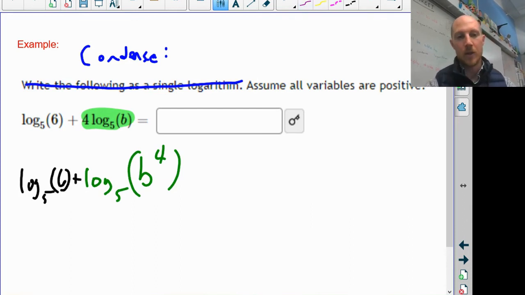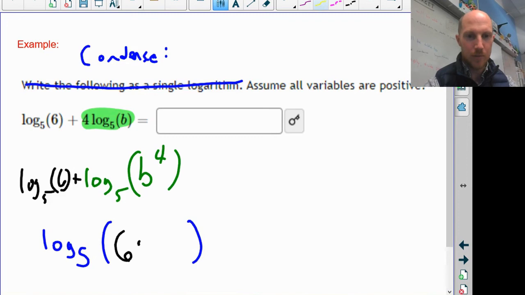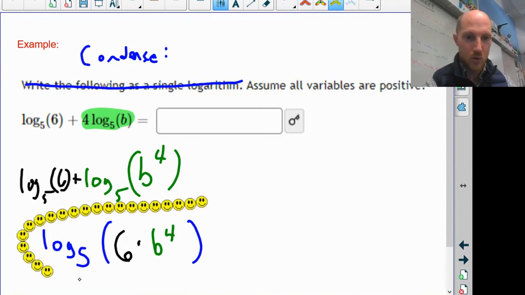Okay, and then 2 separate logs being added, so I can condense those by multiplying inside my parentheses. And also, I'll try to write way neater than that. Log base 5 of 6 multiplied by b to the power of 4. We can actually read those. There we go. Final answer.